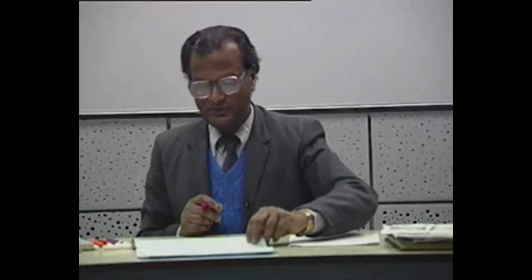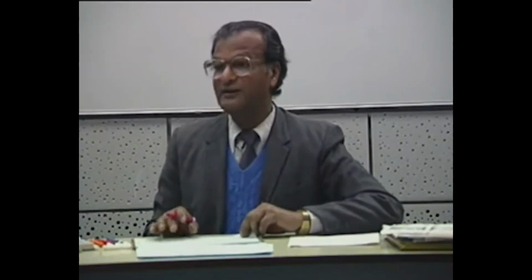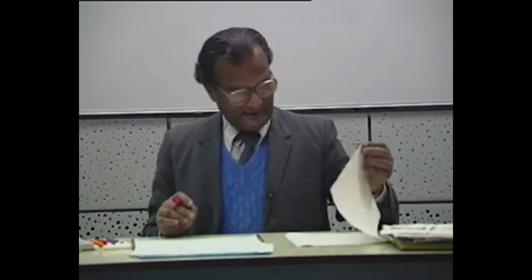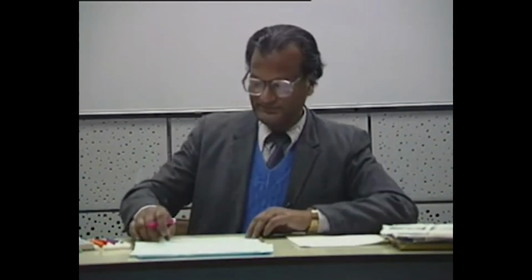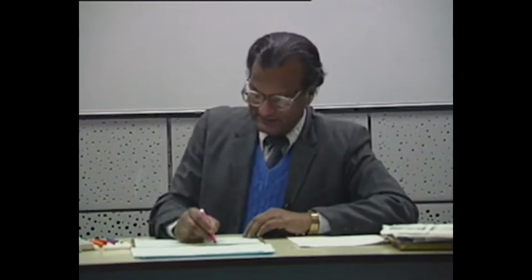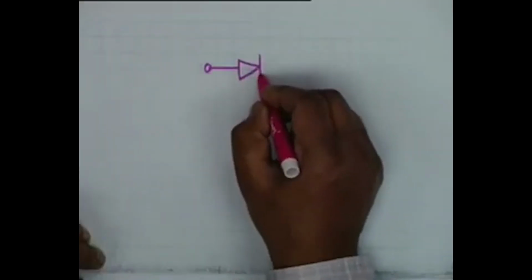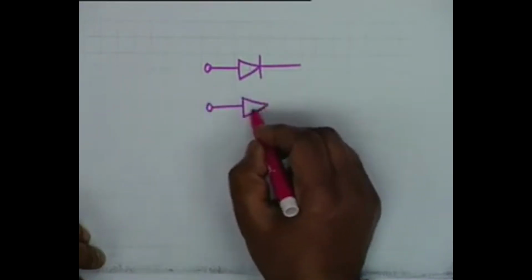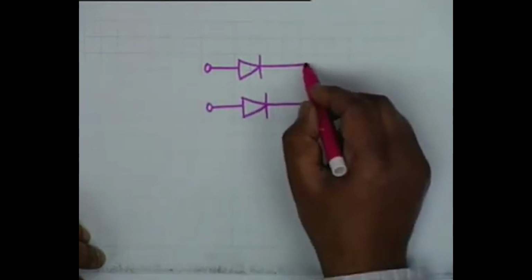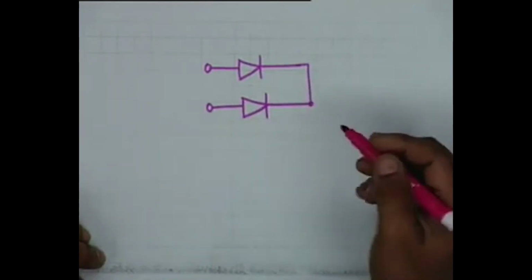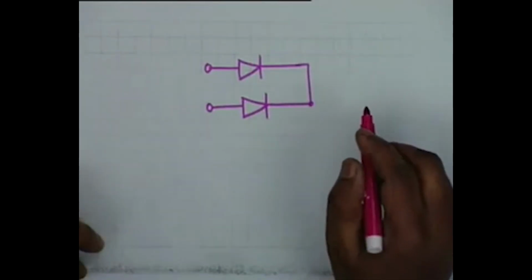Consider a couple of more interesting examples. Is this okay? Suppose we have two voltages, VA and VB, connected through two diodes. That's the end of the wave shaping, and therefore we are working out a couple of examples.